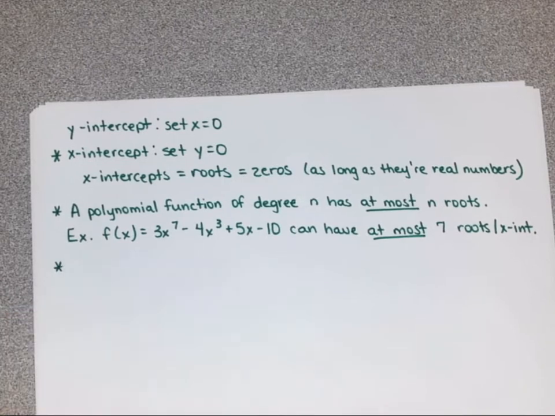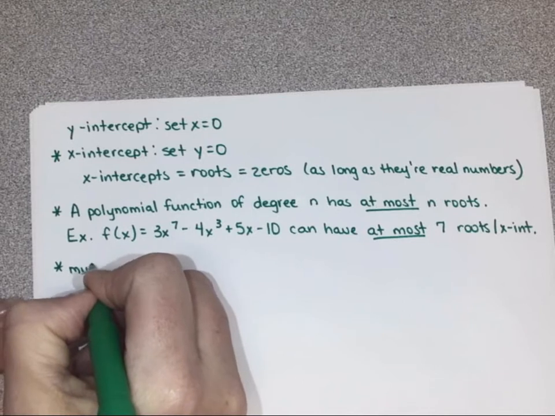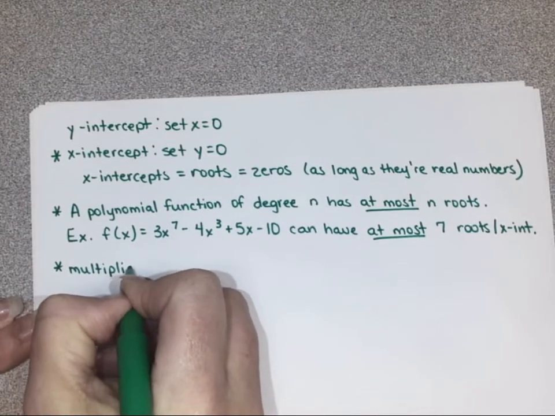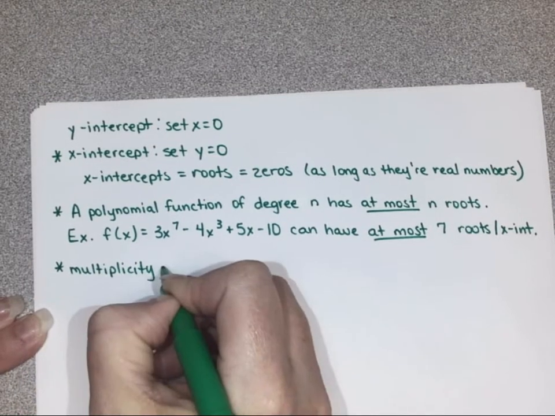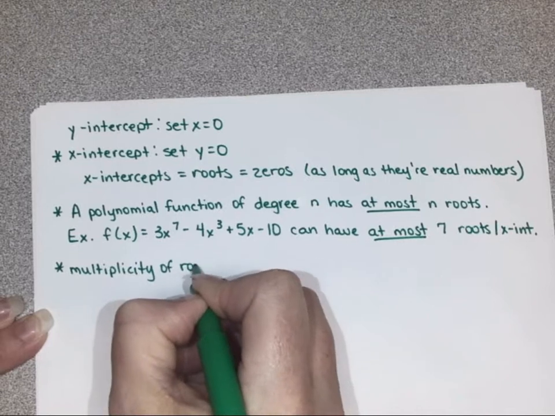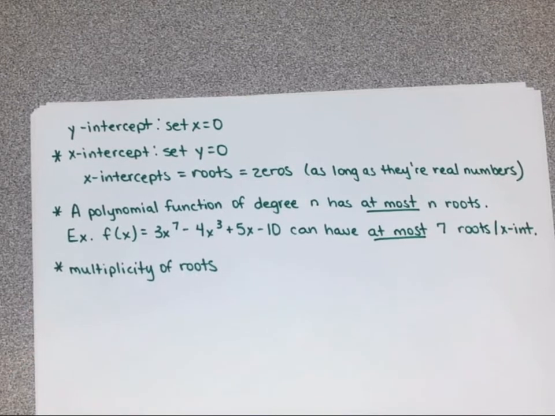Okay, so with this concept of us being able to have at most the number of roots, we have a concept with each root called multiplicity. Have y'all ever seen that movie, Multiplicity? It's not very good, but it's where a guy clones himself and keeps cloning himself because he wants people to do his work for him, and then he gets out of control.